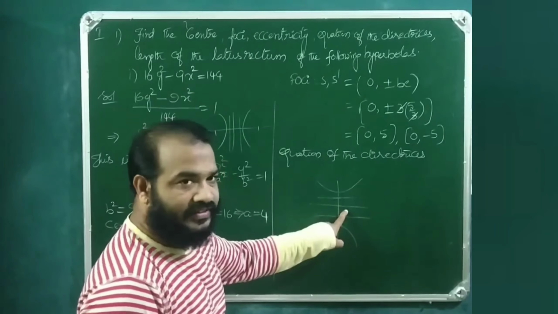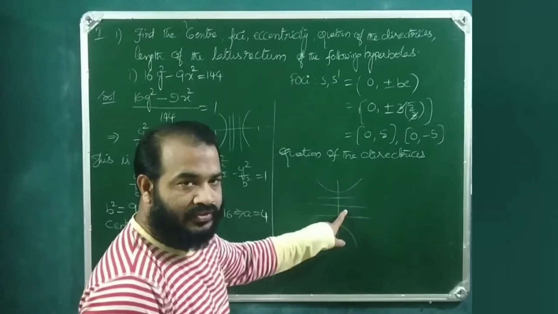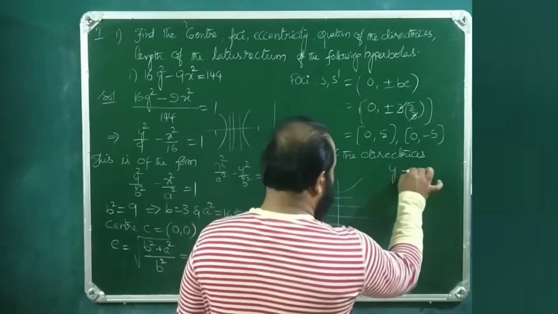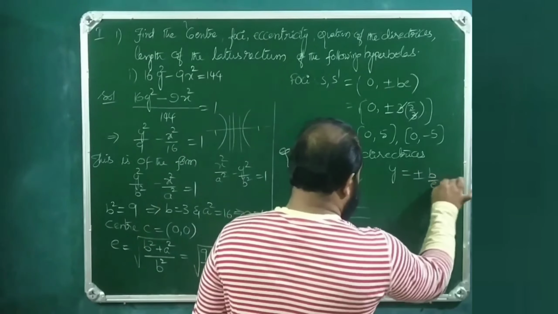Any line which is parallel to the x-axis will be of the form y equals something. So y is equal to plus or minus b by e.